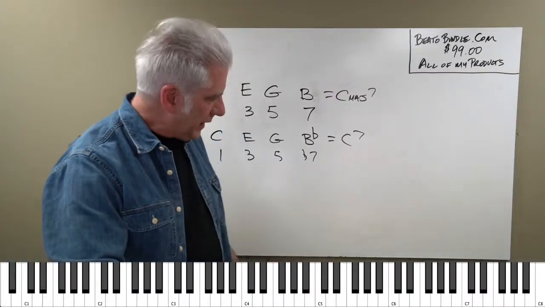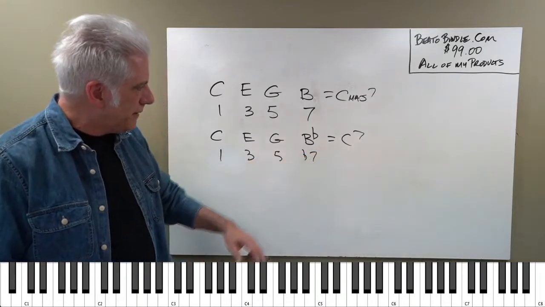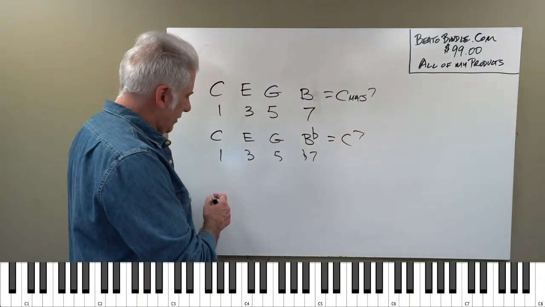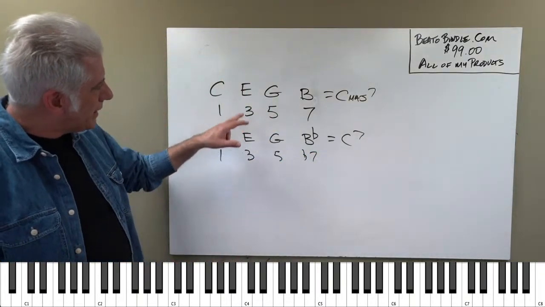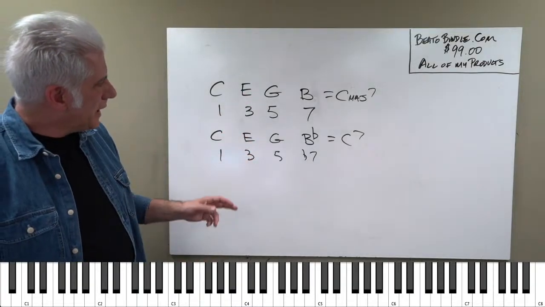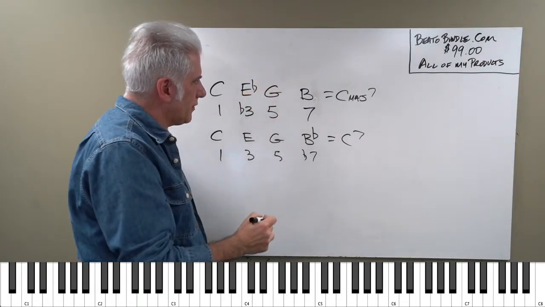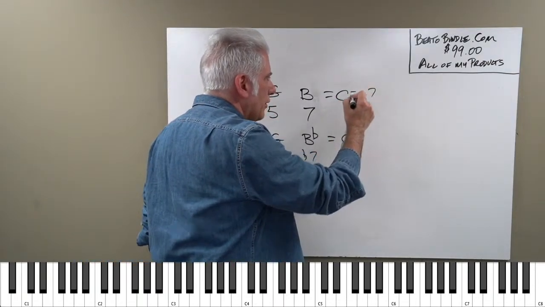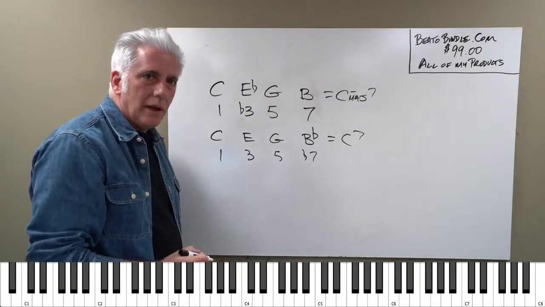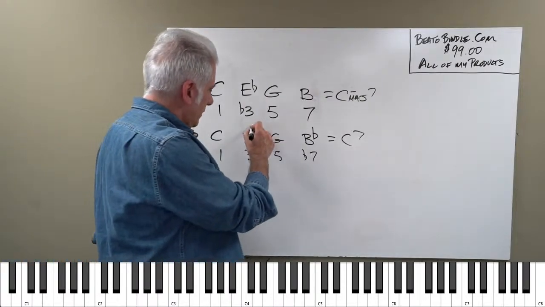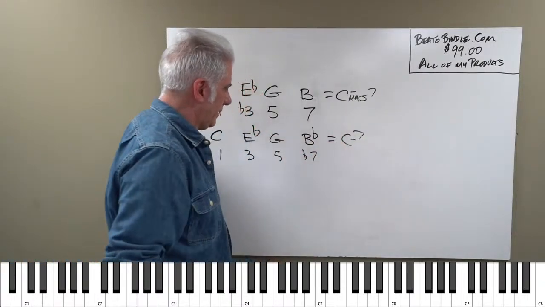Now, if I keep the flat 7, and there's other variations here, if I make these minor, if I take this and I flat the third, this would be C minor major 7. And if I flat this, it would be C minor 7.